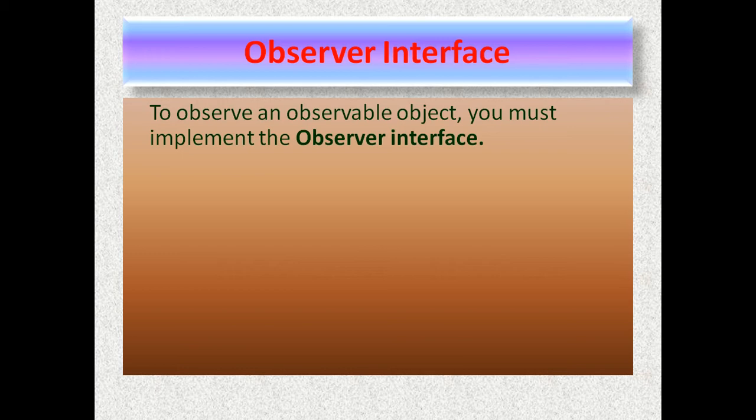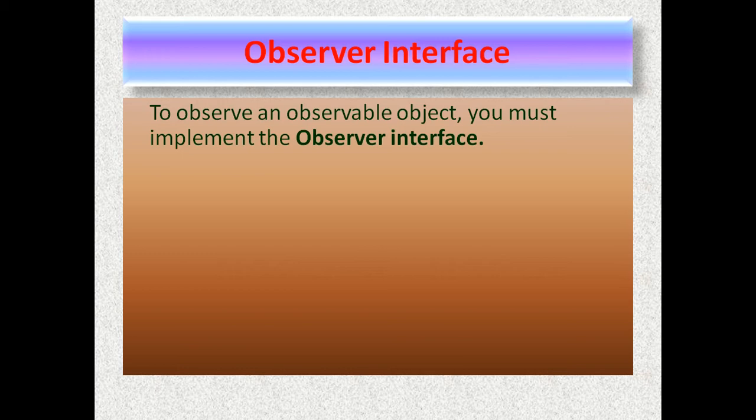Those behaviors need to be observed. So B, C, and D classes become observable classes, and you can make class A an observer by implementing the observer interface.